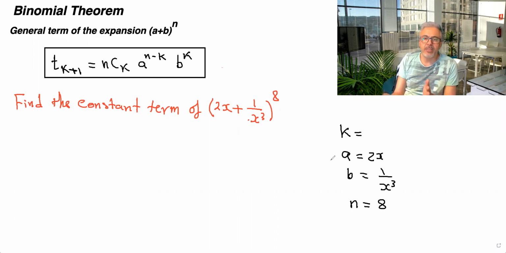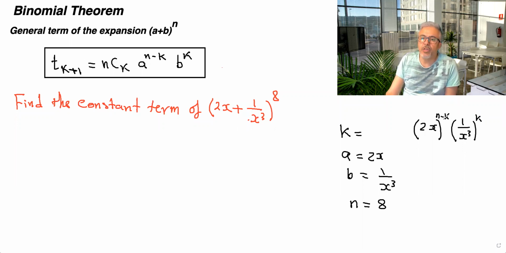There are two ways I'm going to show you how to do this. The first one is just by eyeballing this. So you know a is 2x and you know b is 1 over x cubed. Here you have n minus k, and here you have k. Always know these two exponents always end up adding to 8.